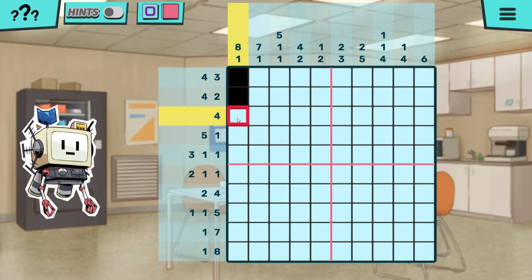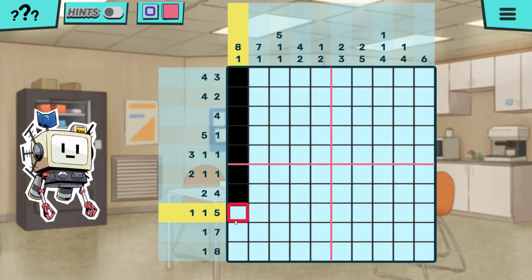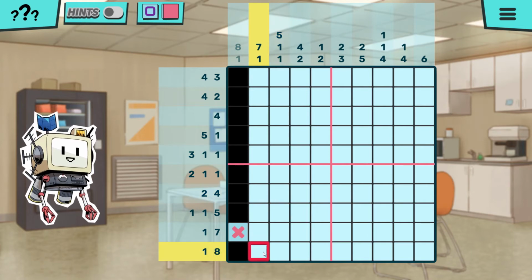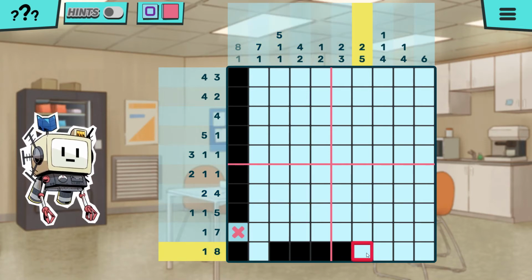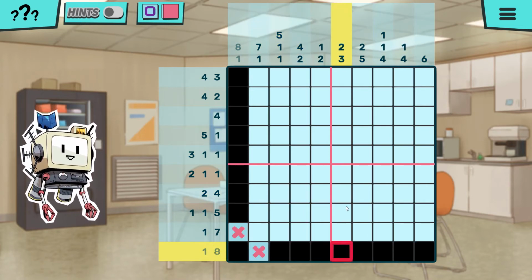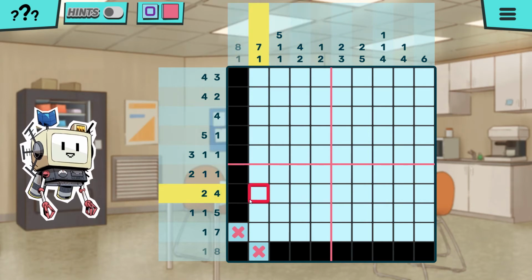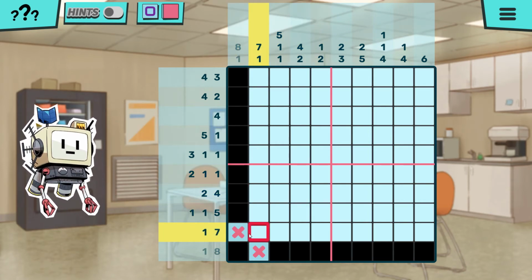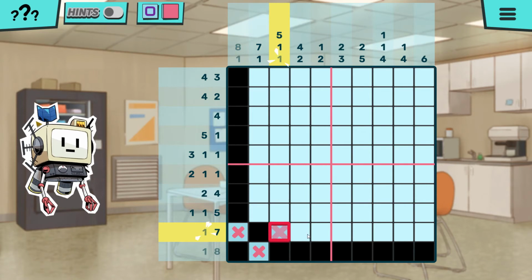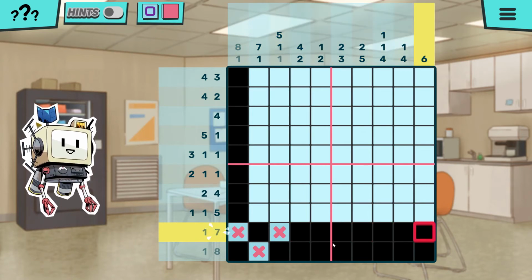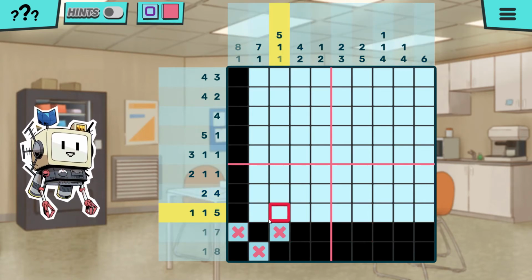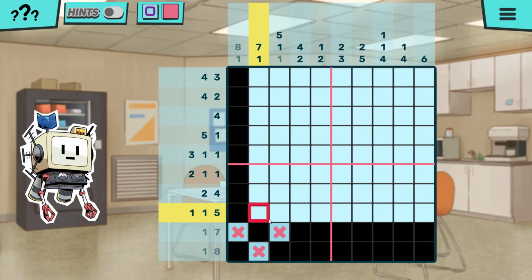8 and 1. Yep. This is the usual that we had before. Same thing goes for this one. These need to be like this. And since we've got a 1, 7 here, this starts with an X, this has to be the 1, and this has to be the 7. Same principle, just slightly edged to the right.